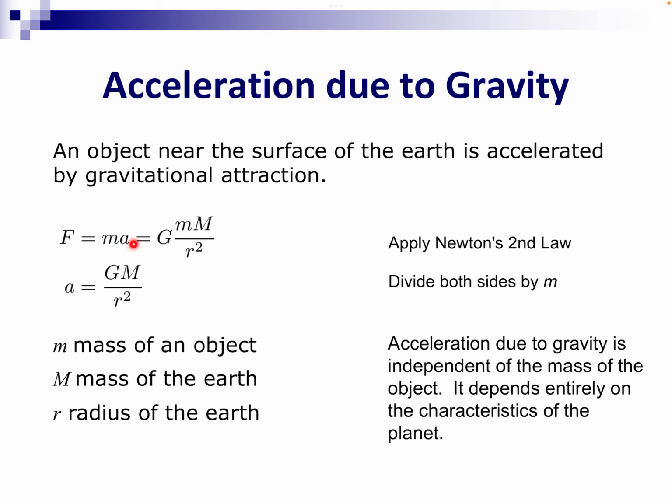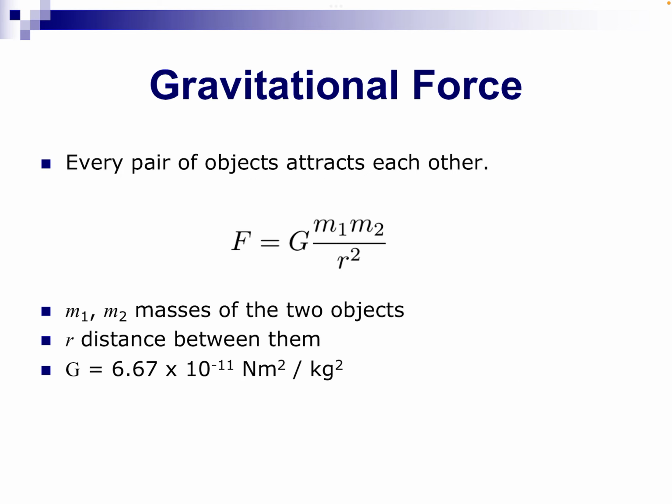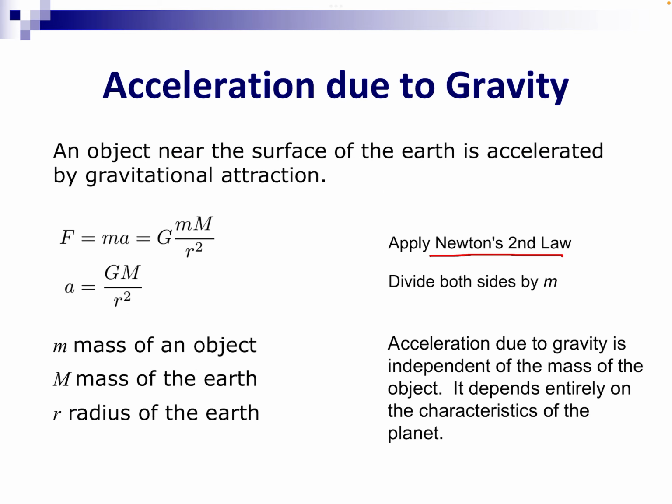Okay, so if we calculate the gravitational acceleration near the surface of the Earth, we use Newton's second law of motion. Force is equal to mass times acceleration, where the force is the gravitational force exerted by the pair of objects.